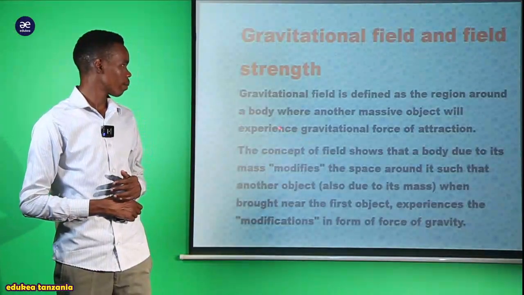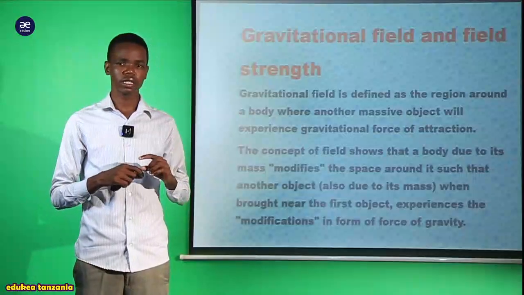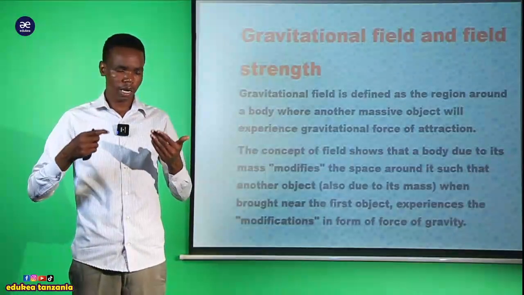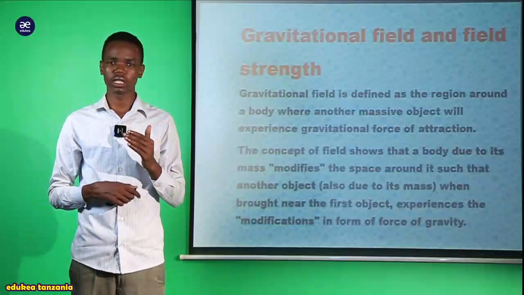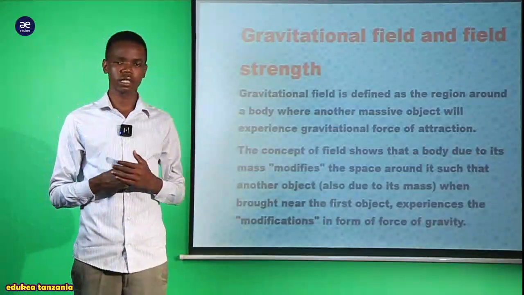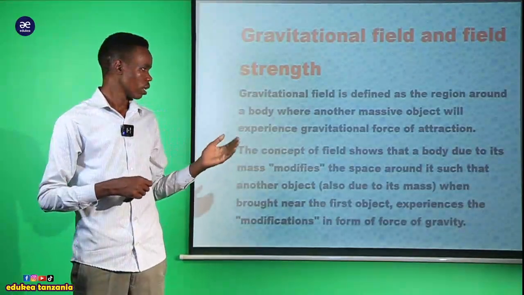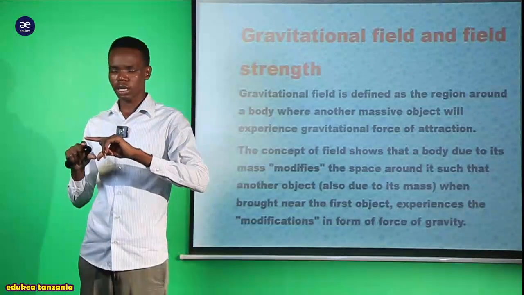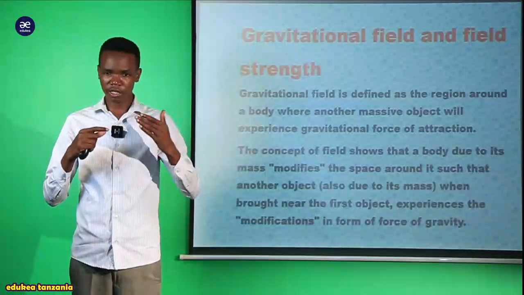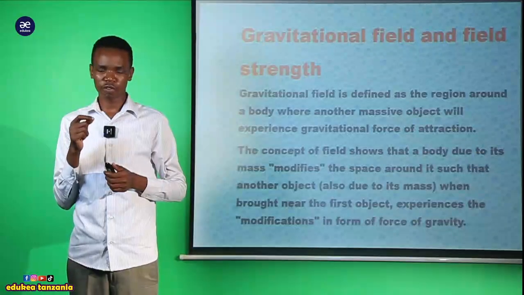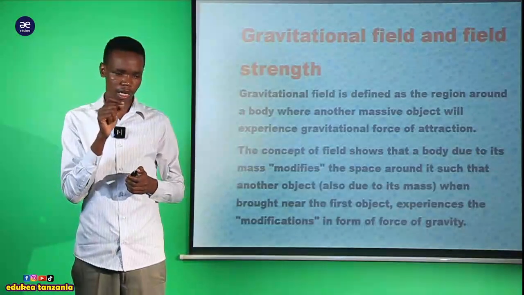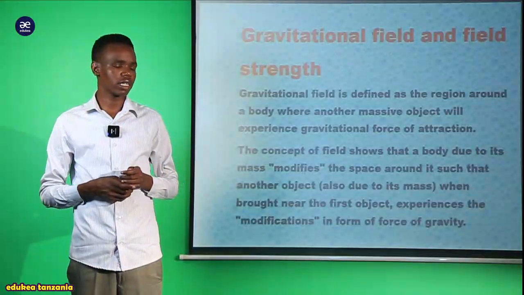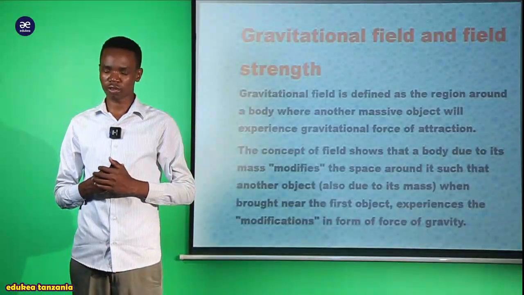So when we talk about the gravitational field, this is the region around a body where another massive object will experience a gravitational force of attraction. Kwamba lile eneo around the massive object, whereby if we take another mass and keep it near, it will experience the gravitational force of attraction.